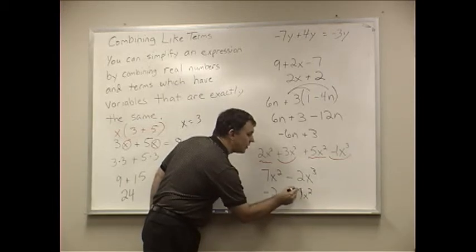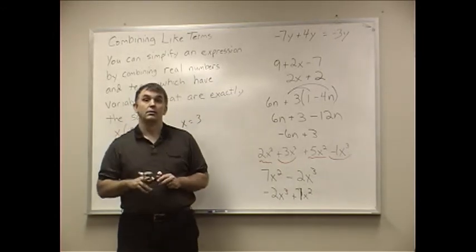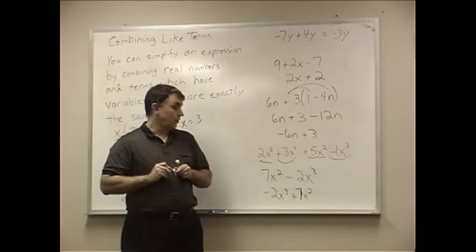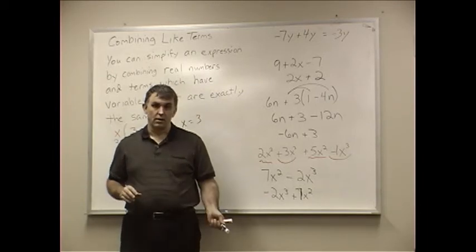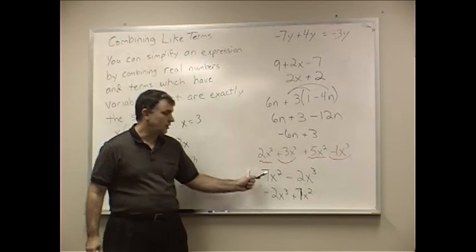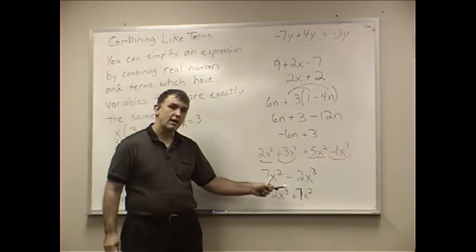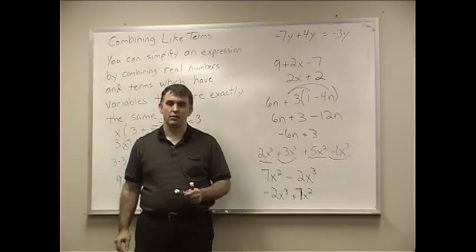Now, if it doesn't say anything about descending order, you can actually leave it like that. So it is correct as long as it doesn't tell you to put it in descending order. Notice when I switched them, the 7 is positive, it became plus 7x squared. This 2 is negative, so I had to write negative 2x to the third.